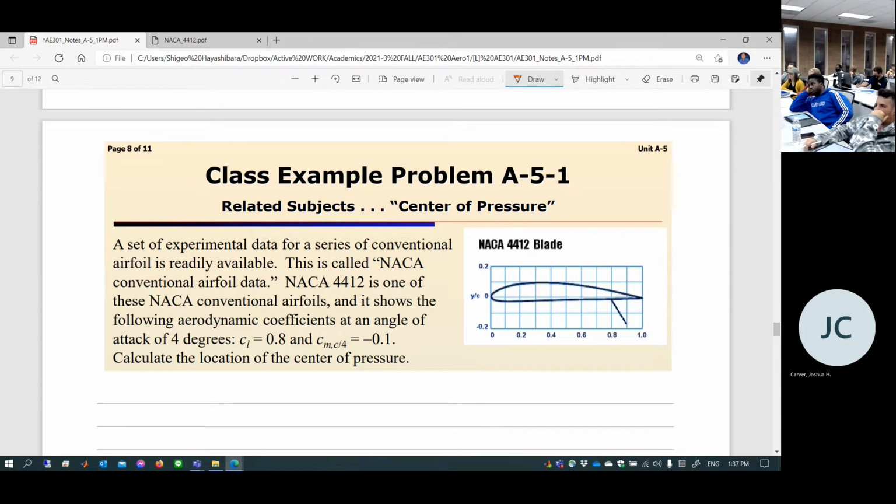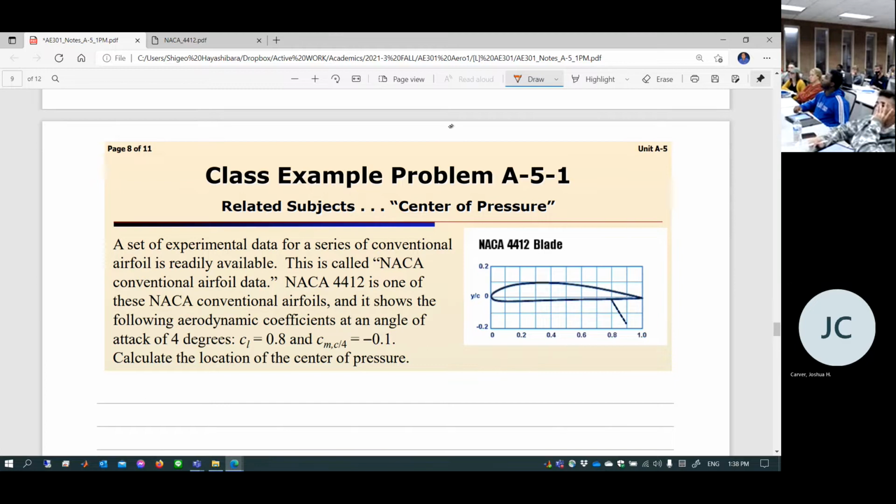CM quarter chord, what's this? It's the quarter-chord moment coefficient, minus 0.1. Okay, I get that kind of data set. What is the location of the center of pressure?